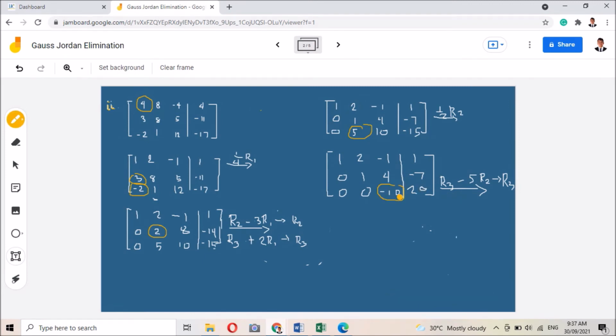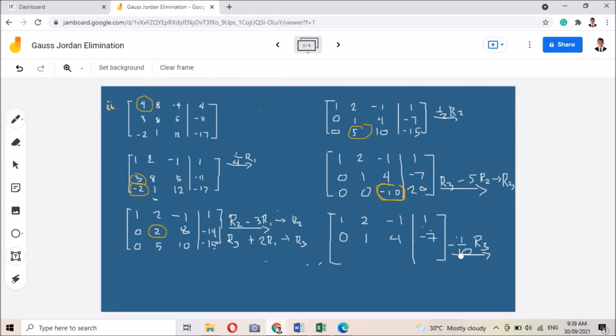The next thing to do is to make this entry negative 10 into 1, since we need to make our leading coefficient equal 1. For row 1 and row 2, we'll just copy. Then for row 3, we'll make again an elementary row operation in which we multiply row 3 by negative 1 over 10 R sub 3.